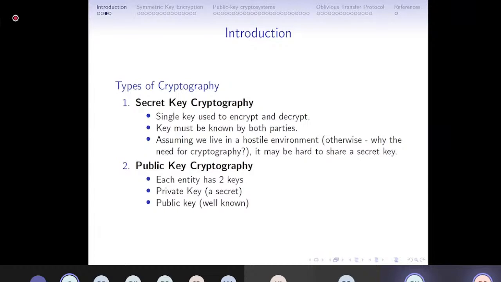Suppose that we have a Gmail account, and I want to communicate some information to the HOD. The email ID of the HOD is the public key. So we simply use the email ID of the HOD and send the information to that email ID.